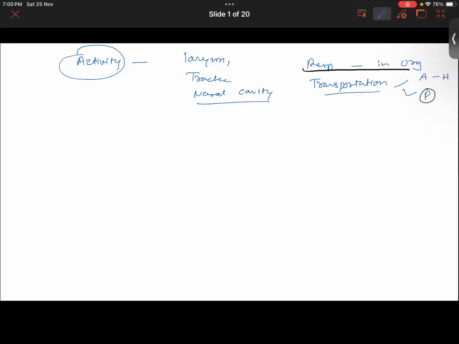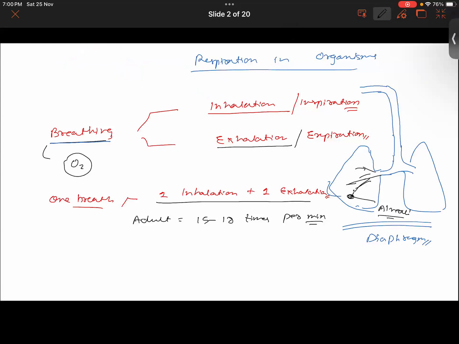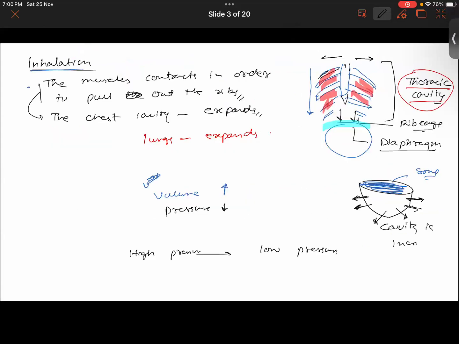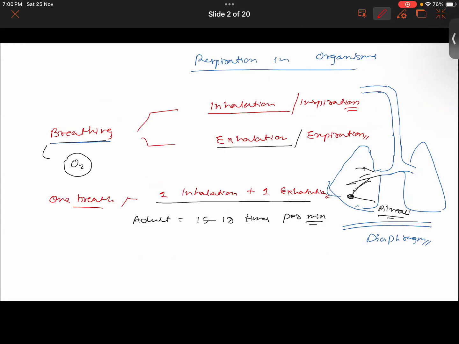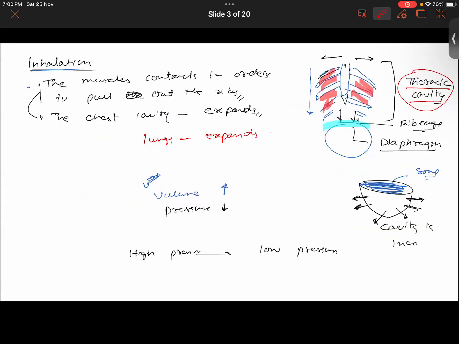Larynx, nasal cavity, trachea, bronchi, alveoli. These are the organs basically associated with the human respiratory system. Okay, we will come to that also. But let's not break the link, so first let's continue this thing. Those things are very simple, so I will be coming to that also.